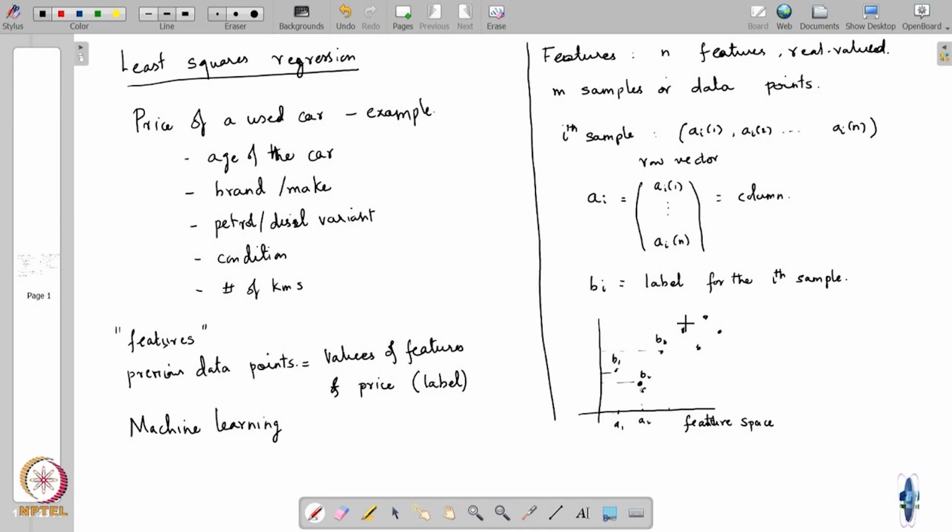Okay. Now, what I would like to do is somehow come up with a prediction for a new unseen point. So, here is a new point in the feature space which I have never seen before. I would like to know what should be the right value of the price or the label for this. So, if I want to do this kind of prediction, what I need to do is build a model using the data that I have. Okay.